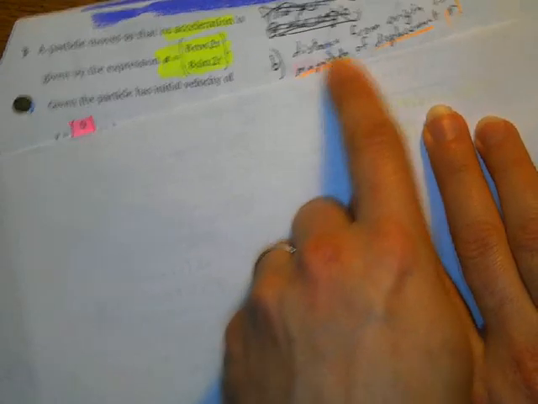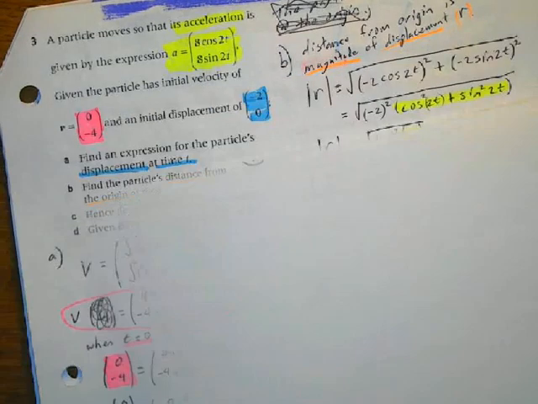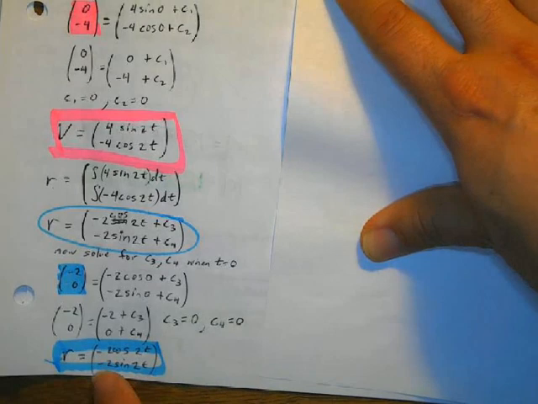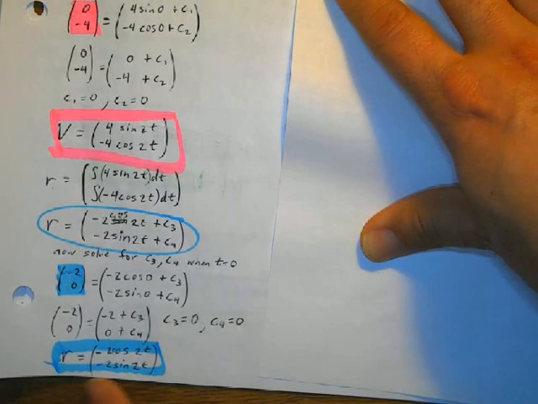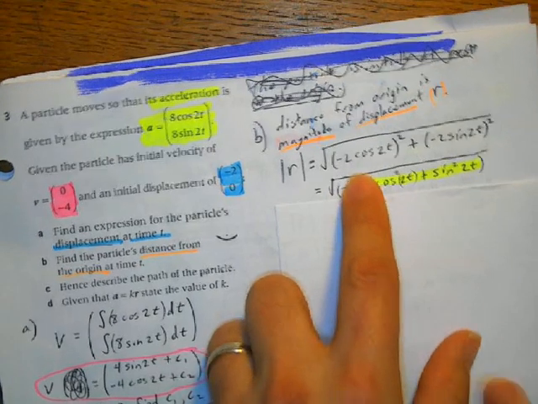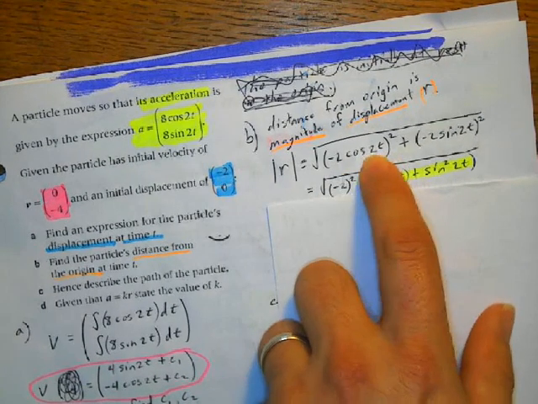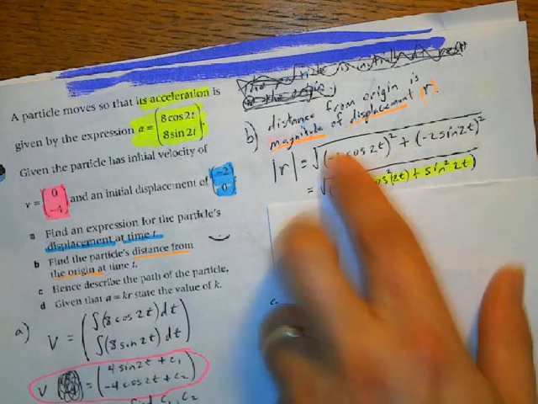The distance from the origin is the magnitude of the displacement vector. So now we've got the displacement vector, which we just calculated down here: -2 cosine 2t, -2 sine 2t. So I'm going to find the magnitude of that. So take each of those values, square it, add them together, take the square root.